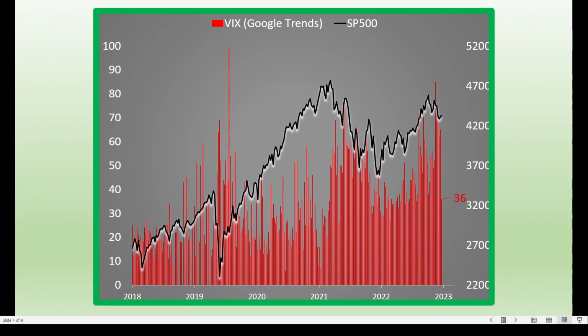So go back to 2018 through present day. The black line is the S&P 500. Notice in early 2020, we know March 2020, we had the COVID crisis, the stock market very quickly sold off. And then notice the histogram bars skyrocketed higher.